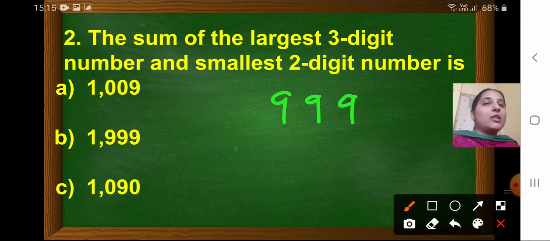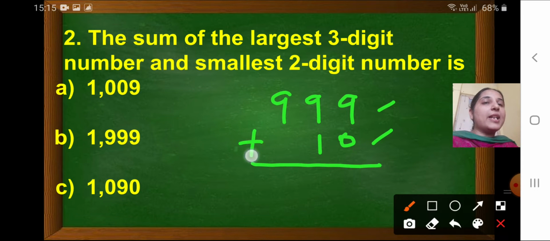And then the smallest 2-digit number. What will be the smallest 2-digit number? It will be number 10. So the sum is being asked, the sum of the largest 3-digit number and the smallest 2-digit number. It means we have to add here.